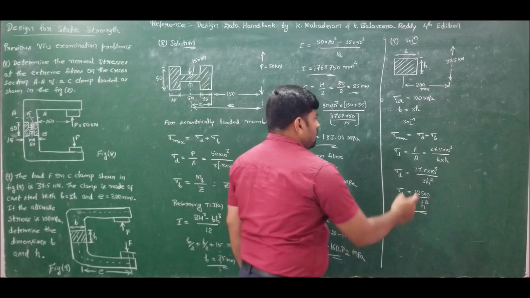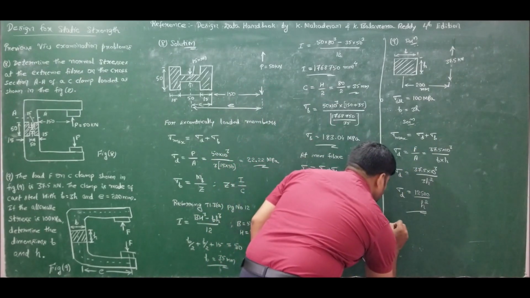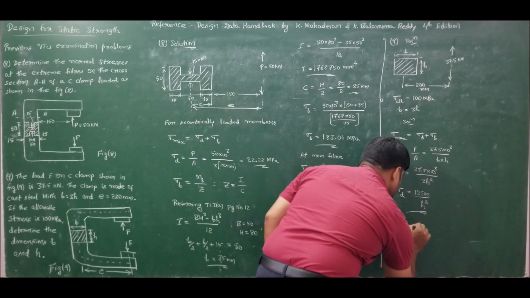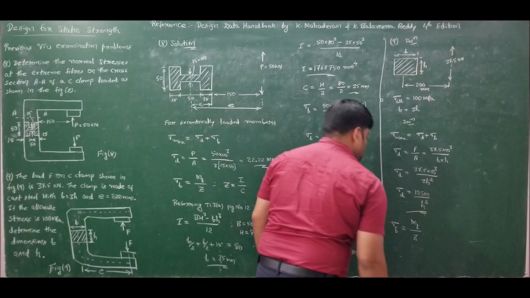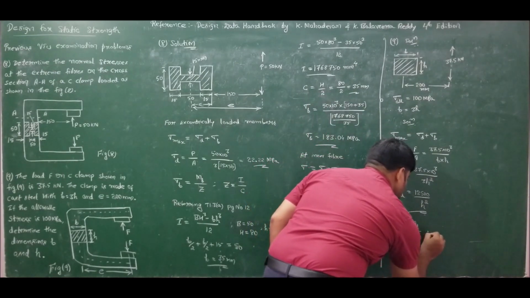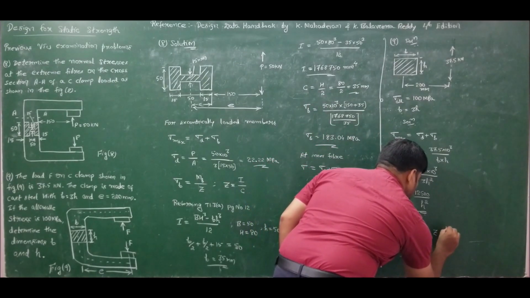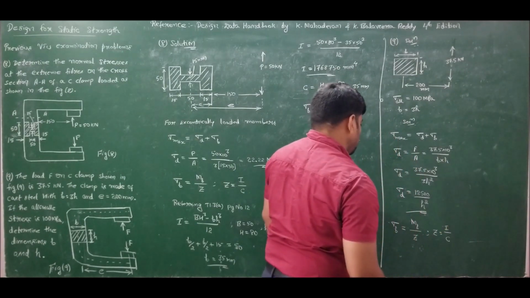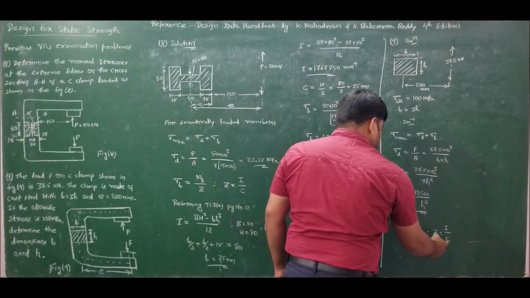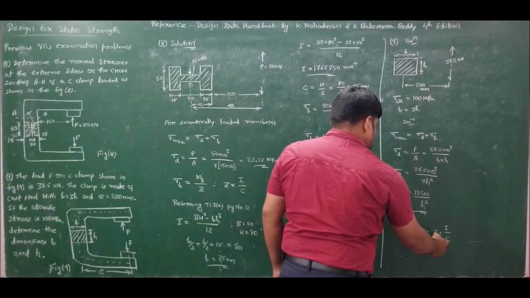Now if I go for bending stress, we have sigma bending is equal to bending moment MB divided by Z, where Z is nothing but area moment of inertia divided by distance of the outer fiber from centroidal axis.